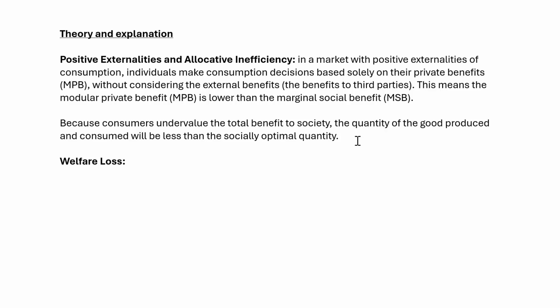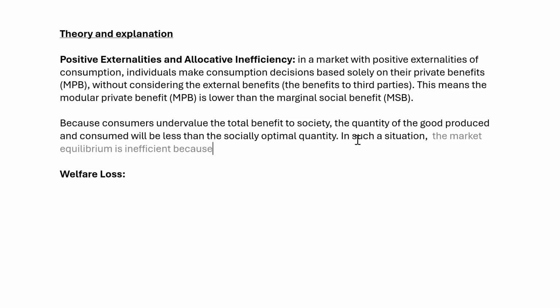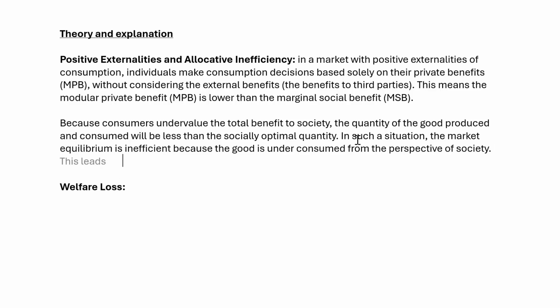In such a situation, the market equilibrium is inefficient because the good is underconsumed from the perspective of society. This leads to allocative inefficiency, as the resources are not being used to produce the socially optimal quantity of the good.